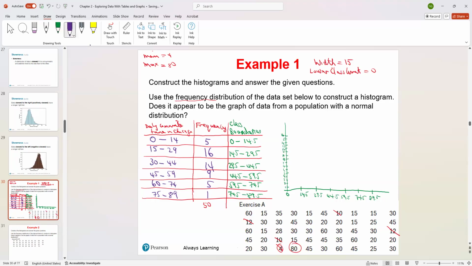Now, the first bar, from 0 to 14.5, the frequency, remember this is the frequency on the y-axis, is 5. So this is 5 right here. We know the first bar's height would be 5.